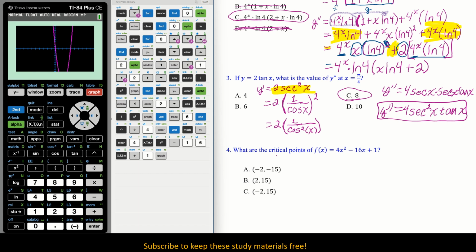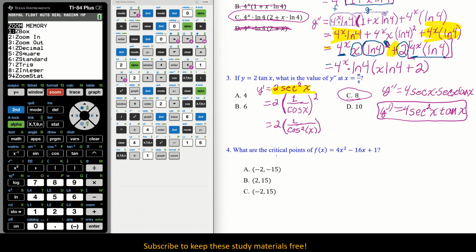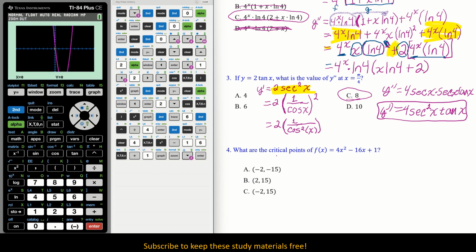We can change the window really quick or just zoom out. Let's zoom out a bit. I'm going to go down a little and then over. Yeah, there it is.